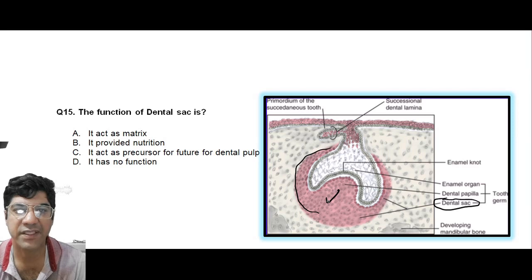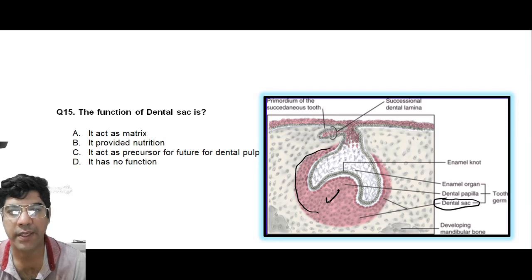One of its main functions is to provide nutrition to the developing enamel organ and dental papilla, which are components of the tooth germ. The dental sac has a rich blood supply, and the vascular network ensures that the enamel organ and dental papilla both receive the necessary nutrients for the formation and growth of the tooth.